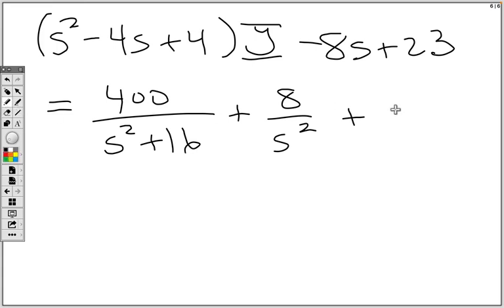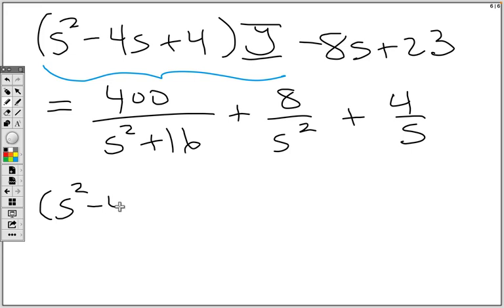Okay. So now the goal is we want to solve this for the Laplace of y. So we're going to solve this for capital Y. As usual, we have a linear equation in the variable Y, which means we can get all the Y stuff on one side and factor it out, which is what we do. So there's that. We'll move everything else to the other side.